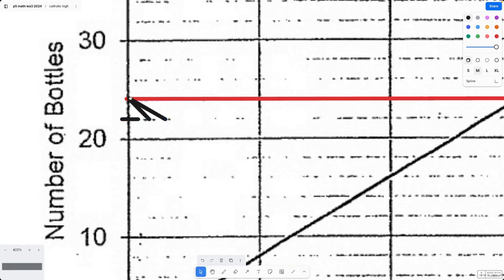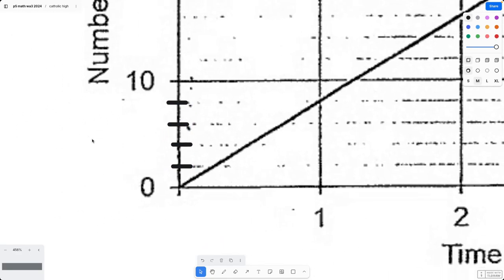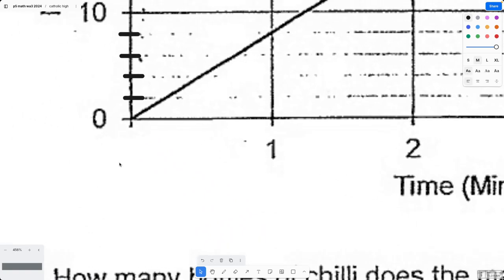So 1, 2, 3, 4 lines in between, or basically 5 gaps: 1, 2, 3, 4, and 5. Let me duplicate this and go to the bottom. We actually have 5 gaps between 0 and 10. So from 0 to 10 there will be 5 gaps.